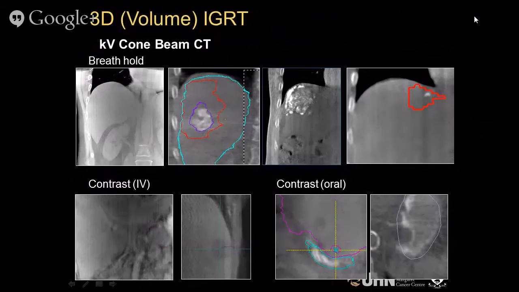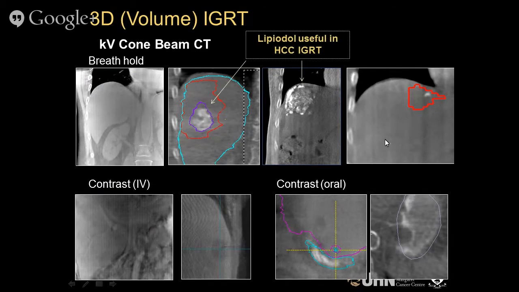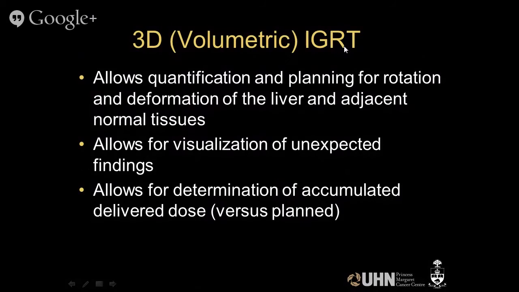3D volumetric imaging allows us to see not just necessarily the liver, but also adjacent organs such as the stomach that may be dose limiting. And Lipiodol following TACE is very, very useful for hepatocellular carcinoma IGRT. Volumetric imaging allows quantification and planning for rotation and deformation of the liver and adjacent structures.